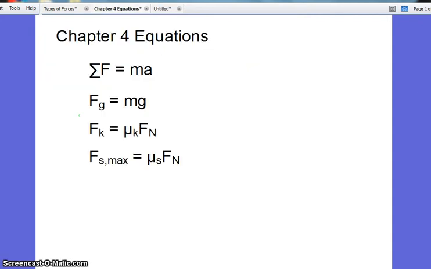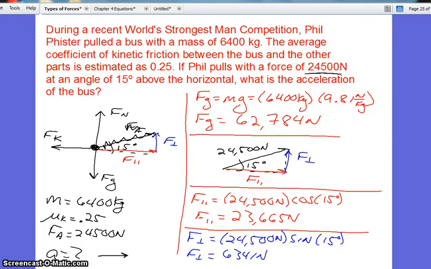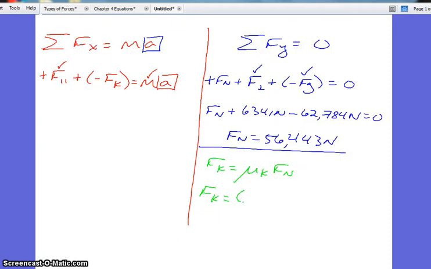That still, unfortunately, does not tell me the kinetic friction. But there is a relationship between the normal force and the kinetic friction, and there it is. And I know the coefficient, and I just solved for the normal force, so now I can solve for that kinetic friction. Remember that coefficient is 0.25. So 0.25 times 56,443.